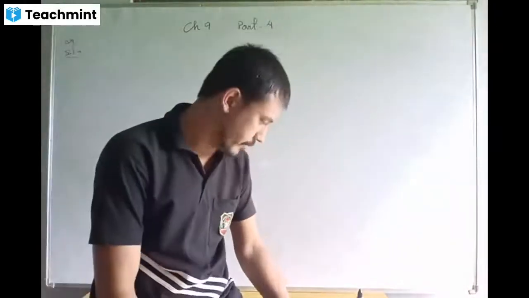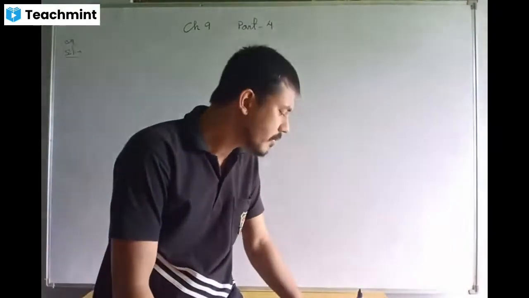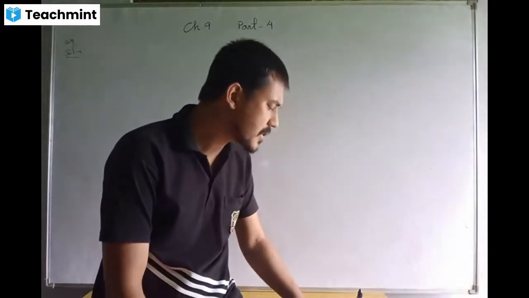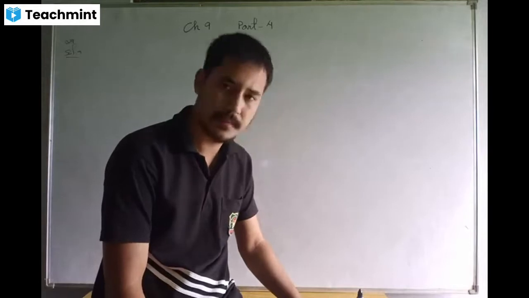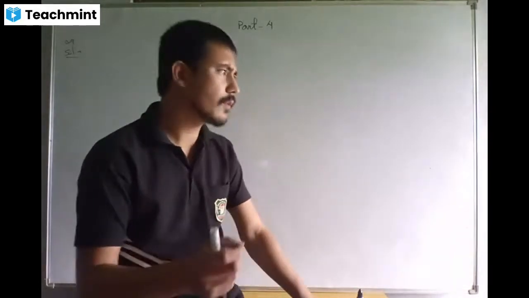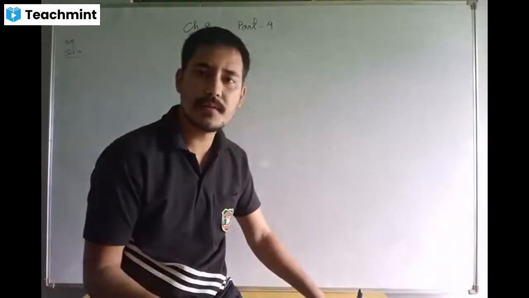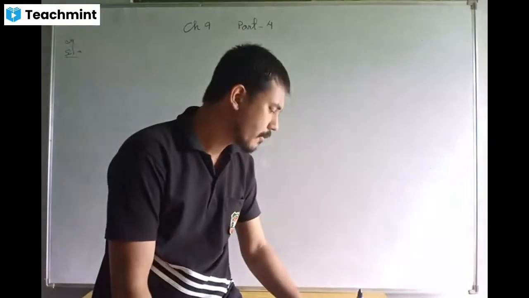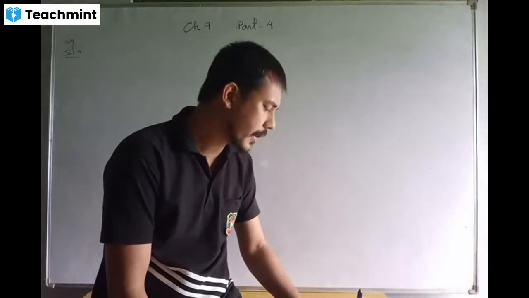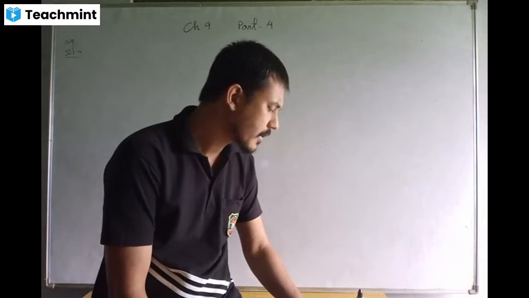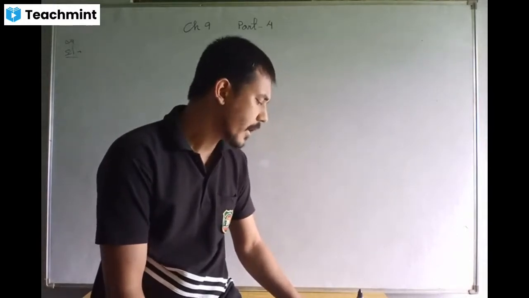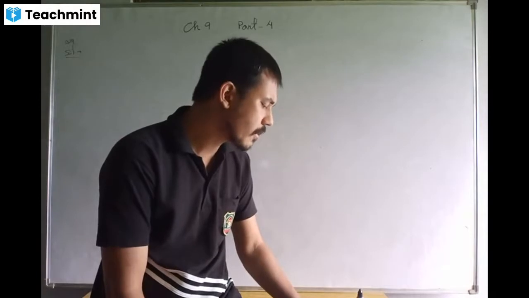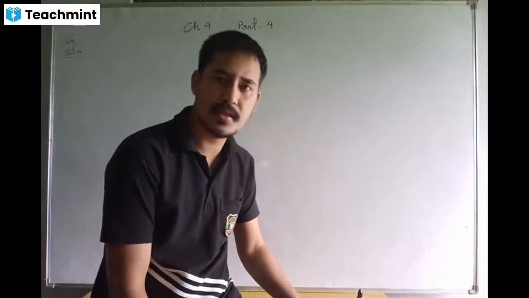Okay. Let's see. A TV tower stands vertically on a bank of a canal. So on one bank of a canal, there is a TV tower. From a point on the other bank, directly opposite to the tower, the angle of elevation of the top of the tower is 60 degrees.